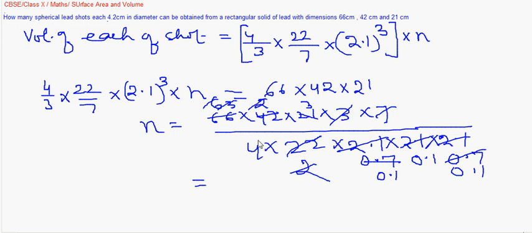So this is making me remain with a 3. Thereby if we solve, I'm getting 1500 of these shots. So 1500 number of shots will be equal to the volume of this rectangular solid with these dimensions given.